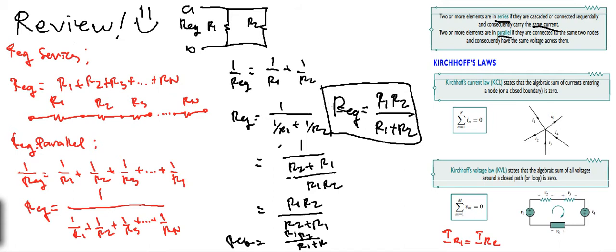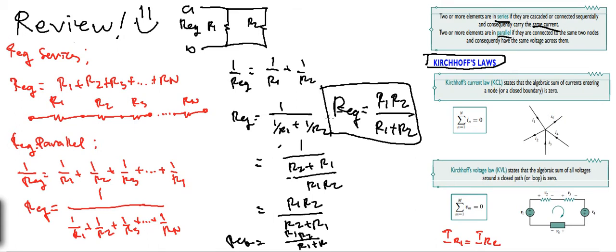Now, let's move on dito naman sa what is Kirchhoff's law. Ano yung dito sa Kirchhoff's law natin? So, as far as you can remember, Kirchhoff's current law states that the algebraic sum of current entering a node or a closed boundary is equal to 0.